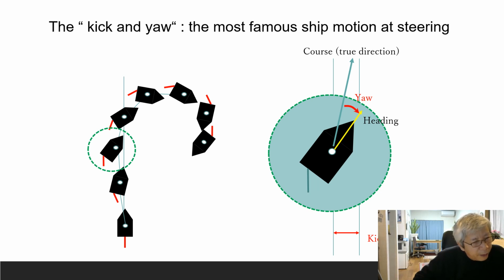Two directions the ship is going, but the ship heading is different. The heading is slightly different. If yaw is larger, the vessel reduces its speed more. But anyway, yaw is a typical phenomenon in this period.